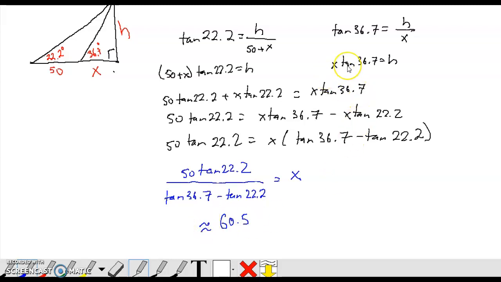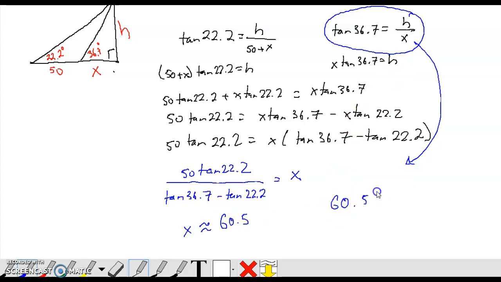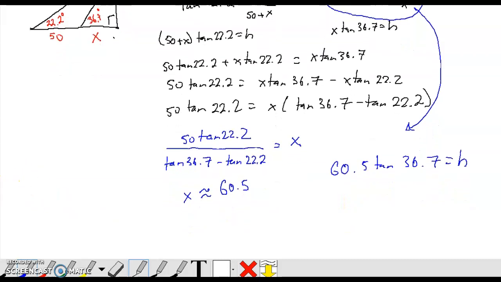And then, again, try to figure out which one is easier. Seems like this equation is going to be a little bit easier to solve for. So I'm going to use that guy right there, bring it down. So 60.5 times the tangent of 36.7 is equal to h.